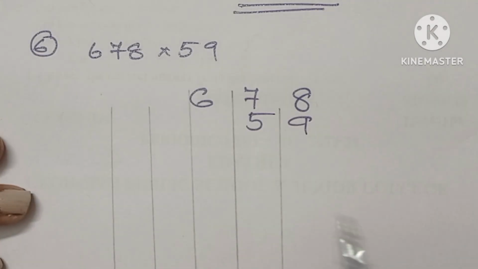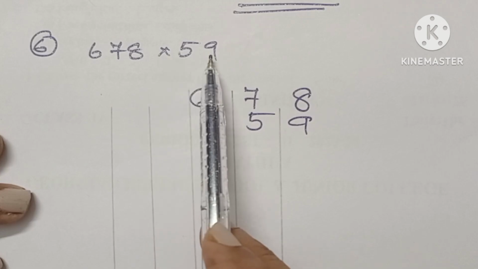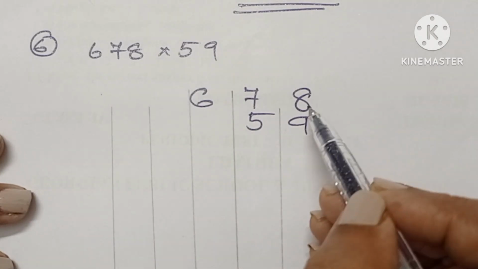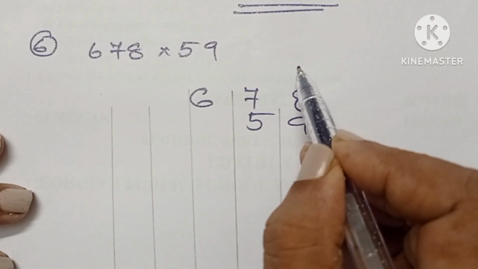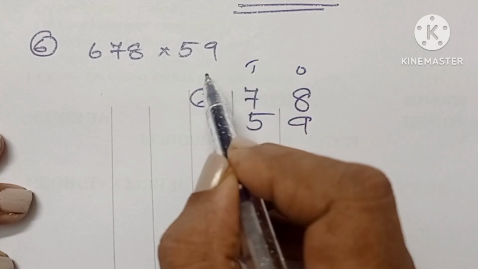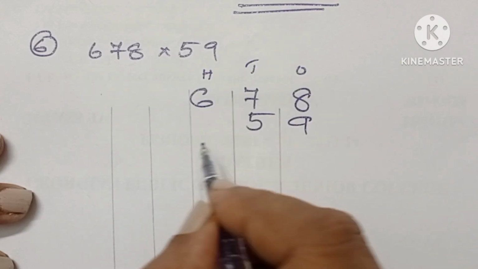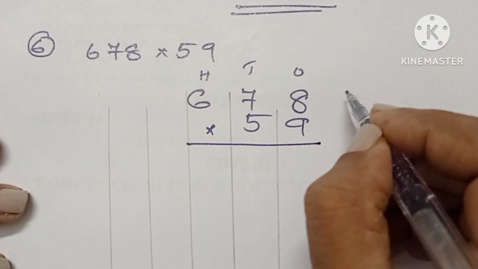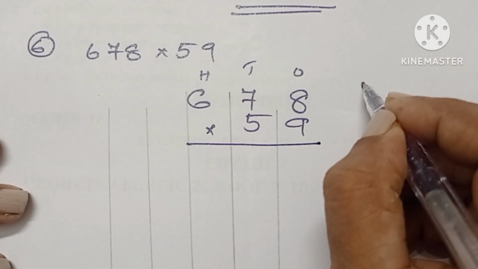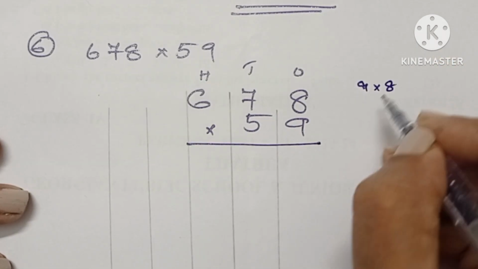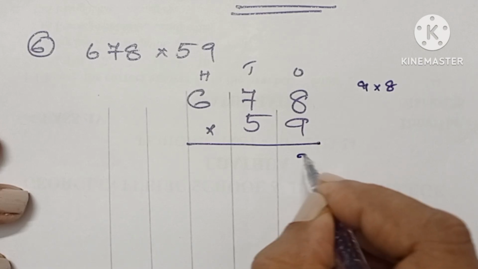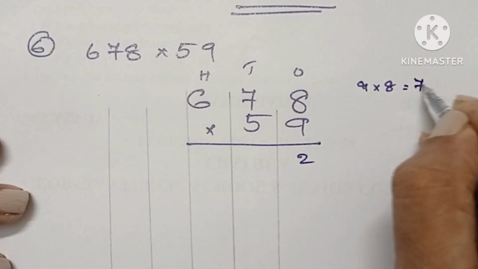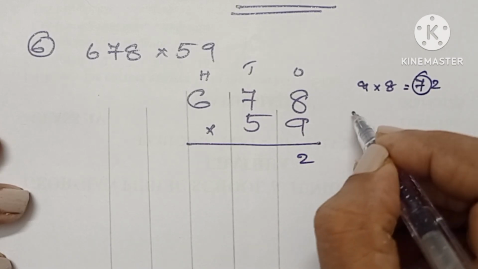Now the last example is 678 into 59. It is in the ones place, tens place, hundred place. We are multiplying. First one, 9 into 8. 9 into 8 is equal to 72. 2 is the carryover.